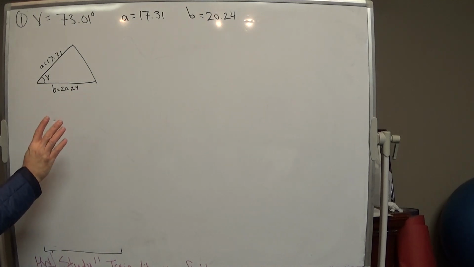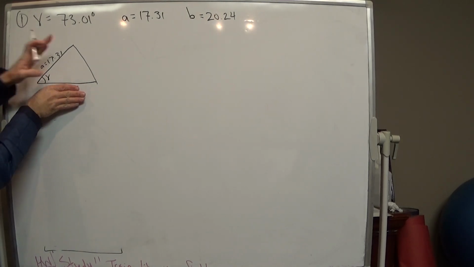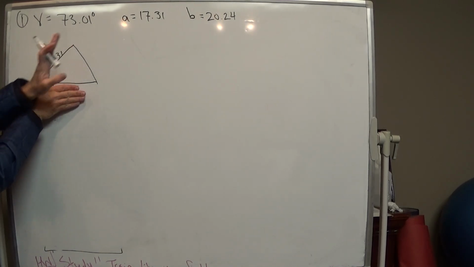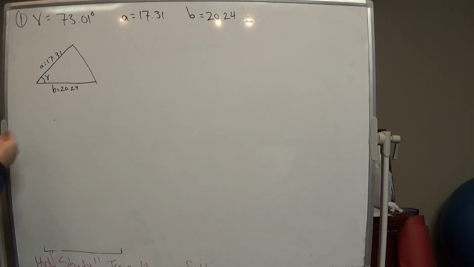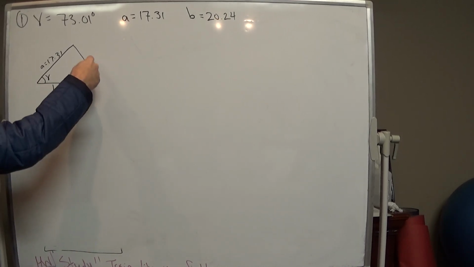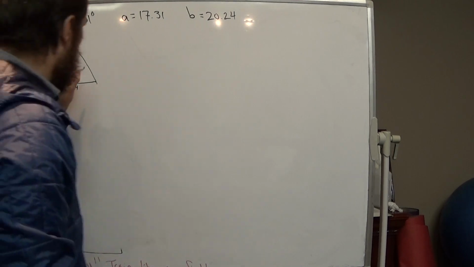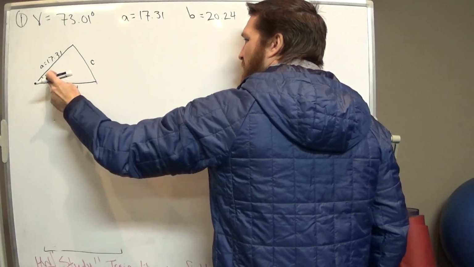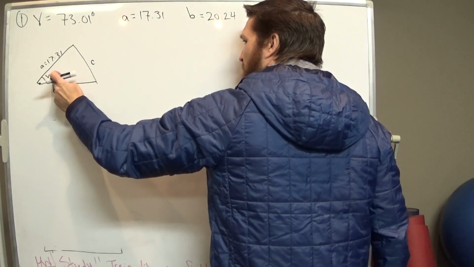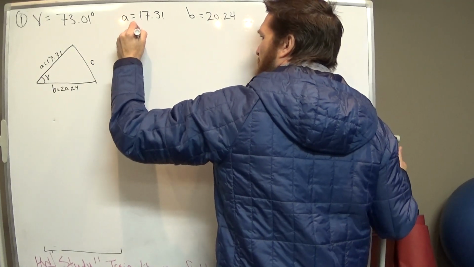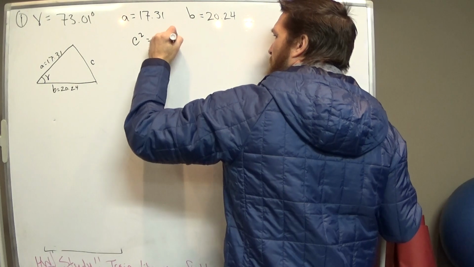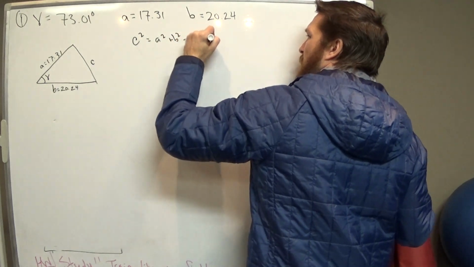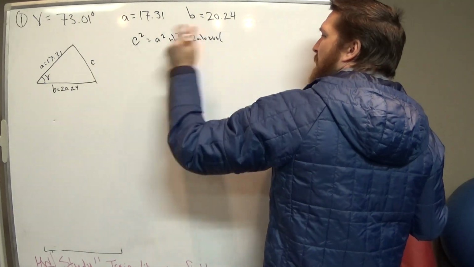But let's say we didn't know that, right? Like, maybe one is the obtuse case, one is not, whatever. The only recourse we have is to find this length right here. And so that's C. So I'm going to use C squared and then stuff, cosine gamma. That's where I'm going to start. C squared is equal to A squared plus B squared minus 2AB cosine gamma.